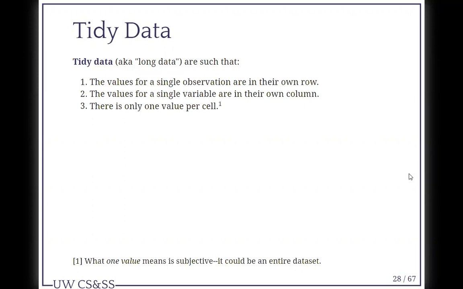And there's only one value per cell. Now, by one value per cell, I don't necessarily mean that it only has, say, the length of the song. It can have multiple things inside of the cell, as long as that constitutes one value for you.